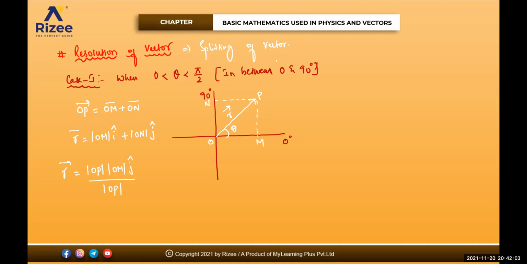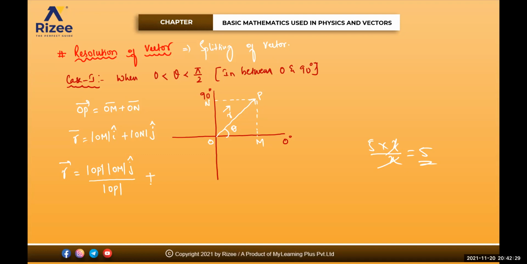Divide and multiply, I'm doing. Suppose there is 5, and you multiply and divide it by x. Will there be any difference? No, the x cancels and 5 comes again. Here OP is what? R. OP is common for x axis and y axis. That is the reason I'm multiplying and dividing OM by OP.